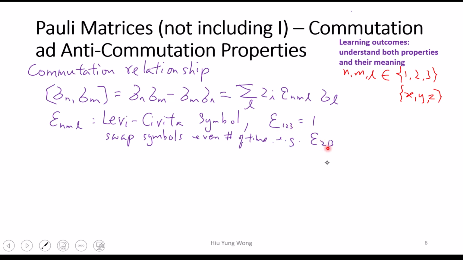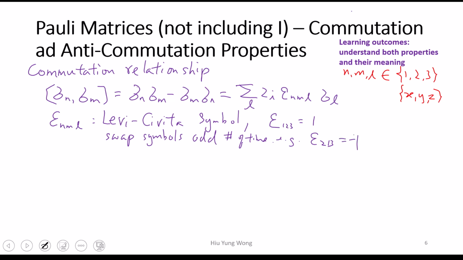I just swapped 1 and 2. Right? It becomes 2, 1, 3. Sorry, let me start with odd number, so that will be easier. Do you get this? When I say swap for an odd number of times, I just pick any two of them, I swap them, and I get something. That something is 2, 1, 3, right? Then it is negative 1.